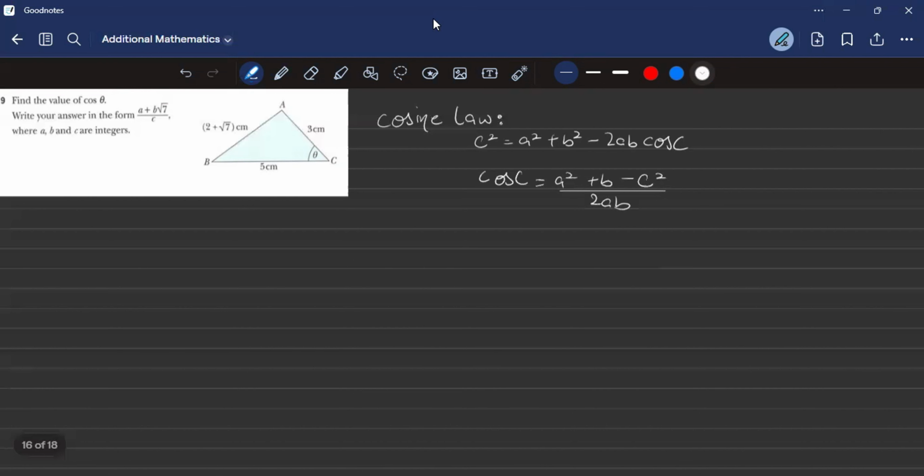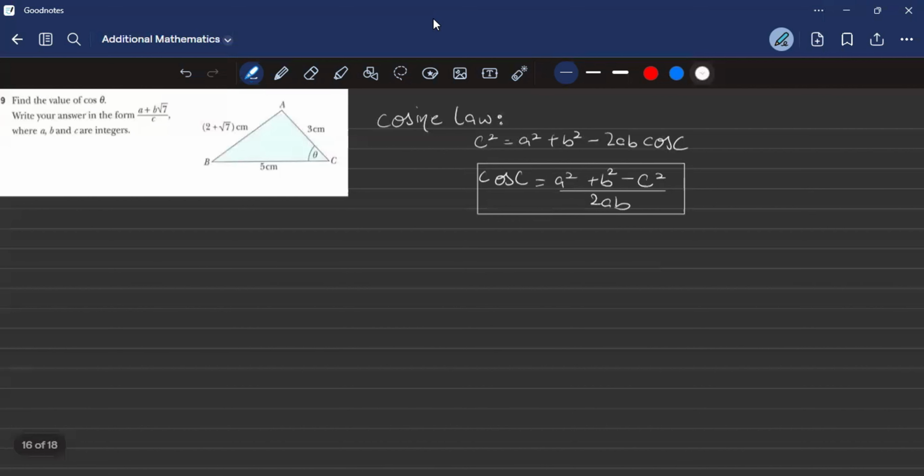Just wait a second before I go forward. Yeah, so we are good here. Now we have this formula for cos C, and we assume that this C is equal to theta. So cos theta is equal to a squared plus b squared minus c squared divided by 2ab.